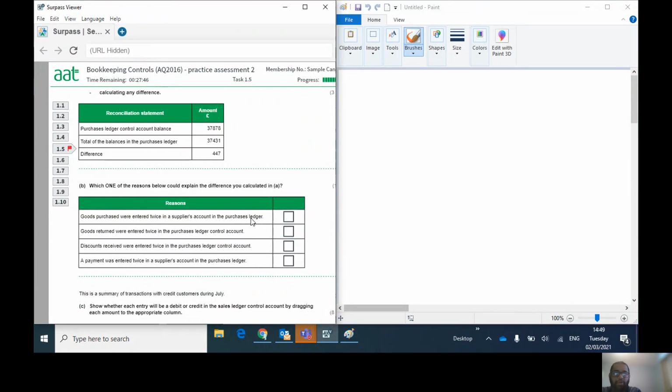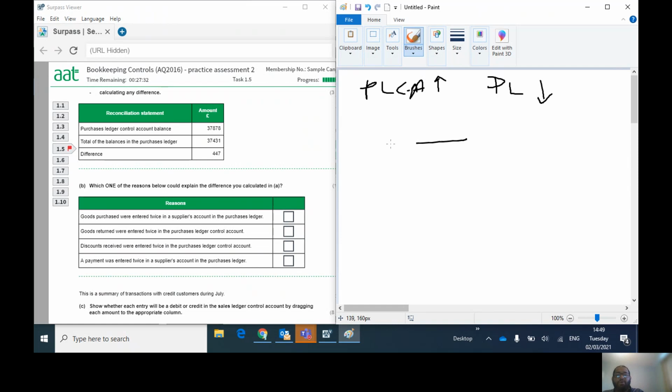So here, the first one: PLCA is going to be bigger than my purchase ledger. Okay, the purchase ledger is going to be smaller. So we write the T accounts here, PLCA and purchase ledger.